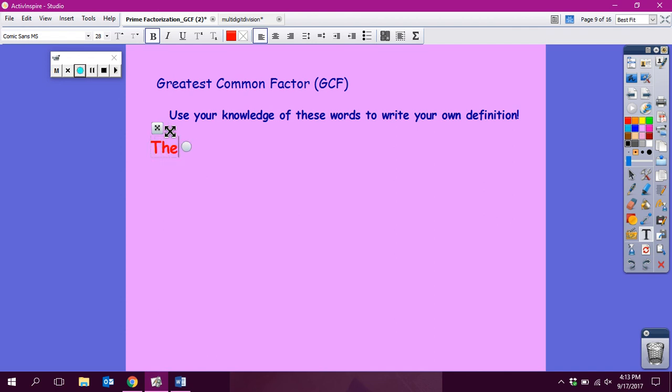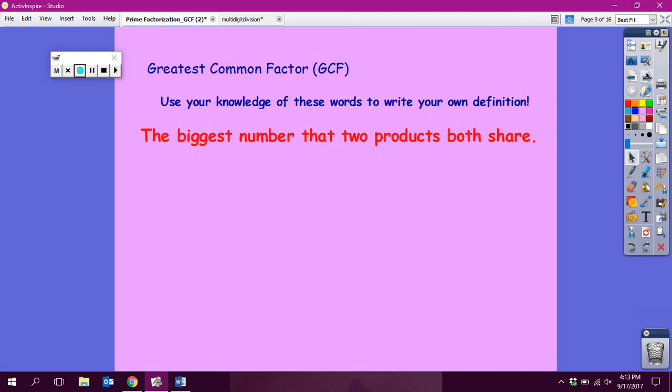So it's the biggest number that two, what we would have to say is products, because whenever you multiply factors, you get a product. So the biggest number that two products both share. I know that's a little bit confusing right now, but keep going.